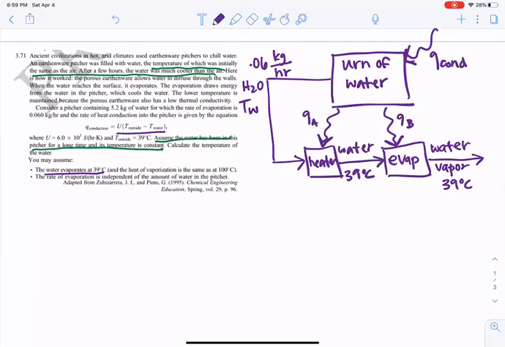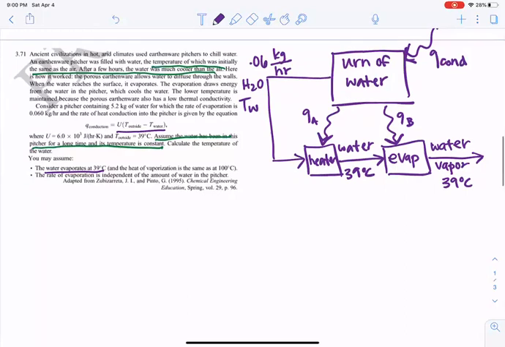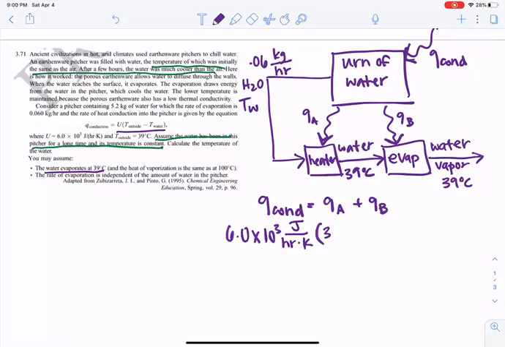So we know that Q conduction equals QA plus QB, and Q conduction equals U, which is 6.0 times 10 to the third joules per hour times Kelvin, times T outside minus T water. T outside is 39 degrees C, and T water is what we're solving for.